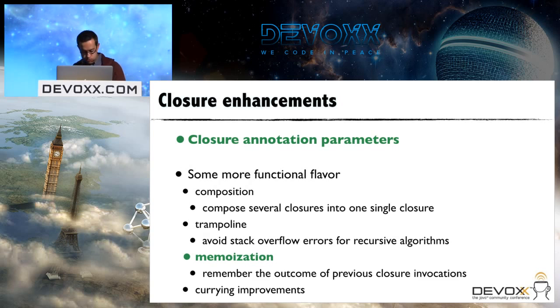Closures, well, Groovy's had closures for the past 9 years, so we didn't wait for JDK 8 to get closures or lambdas. Closures are a really nice cornerstone of the Groovy language, and it's used throughout the APIs in Groovy.